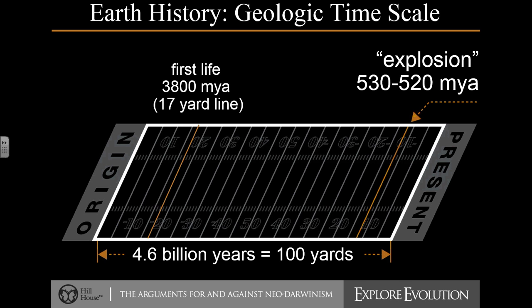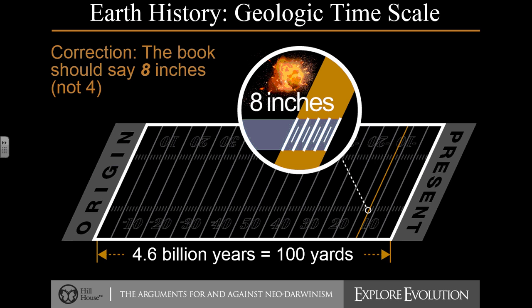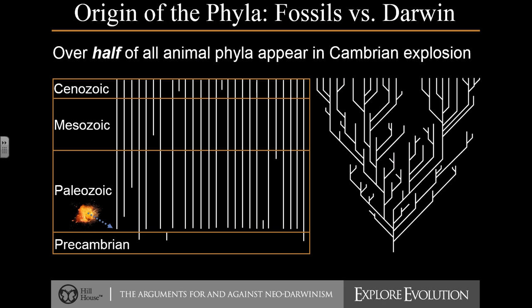However, if we assume that the Earth is 4.6 billion years old and you stretch that out on 100 yards, we would see that a 10 million year time span is just a few inches on a full length of a football field. So again, 10 million years sounds like a long time, but if we're talking about geological time, that's really just a blink of an eye.